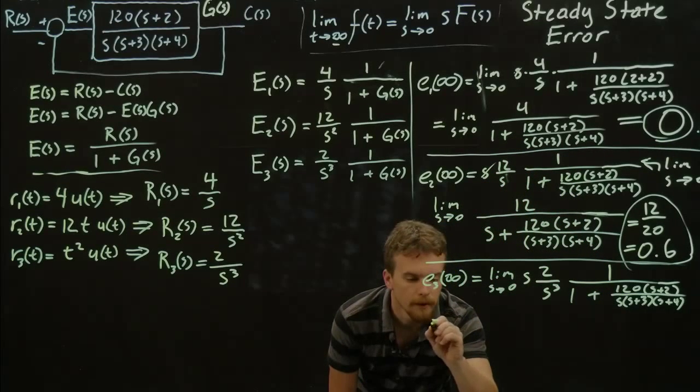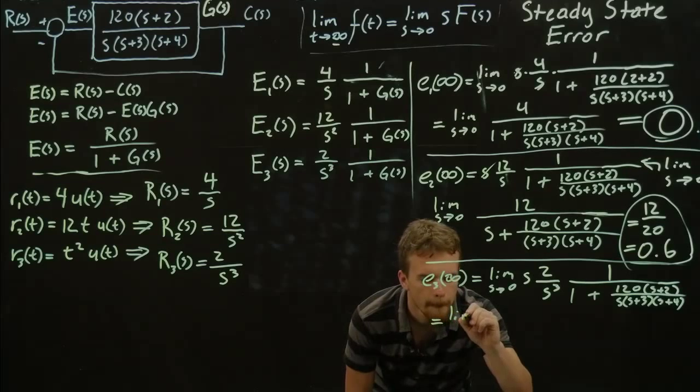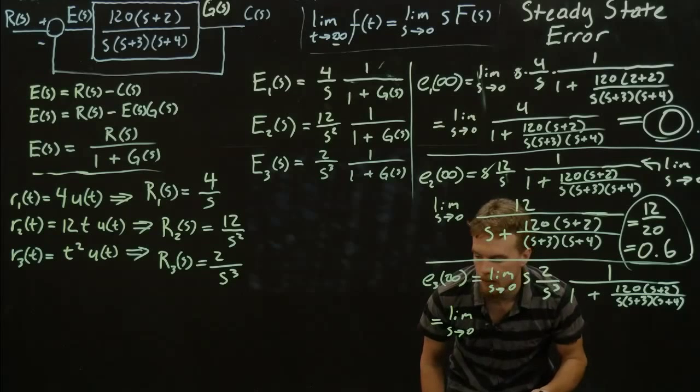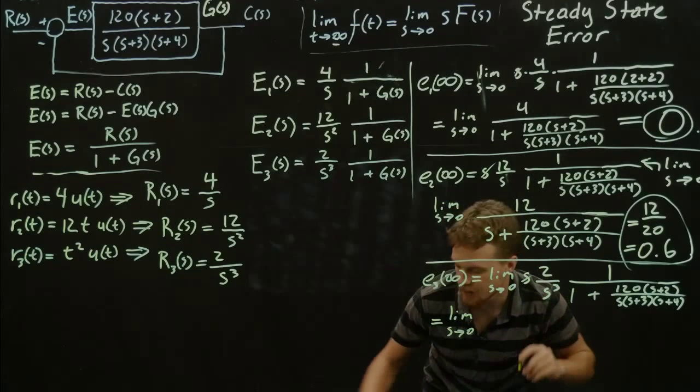Let's see here. This will equal... so this s can cancel out, and we can get an s squared down here now.